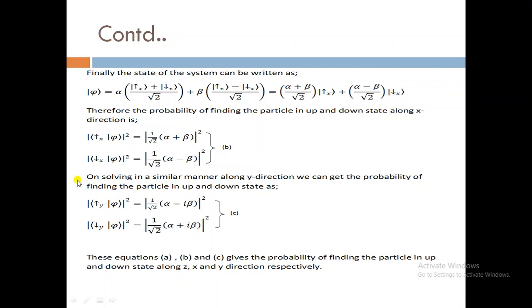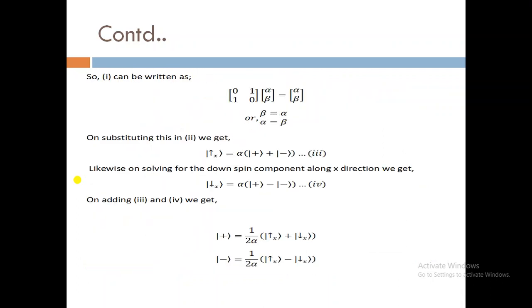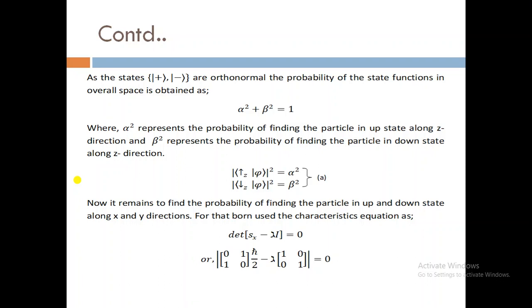Likewise, if we solve by taking the y component, here we have started from the x component, right? Likewise, Born also started from the y component and found the probability of spin up and spin down state along the y direction also.